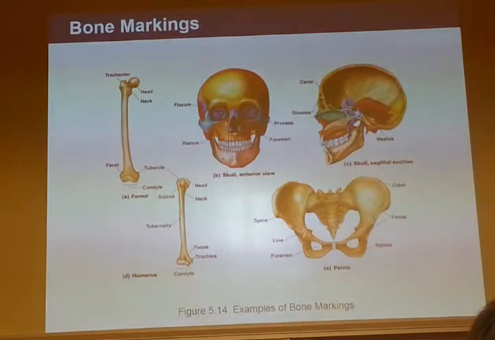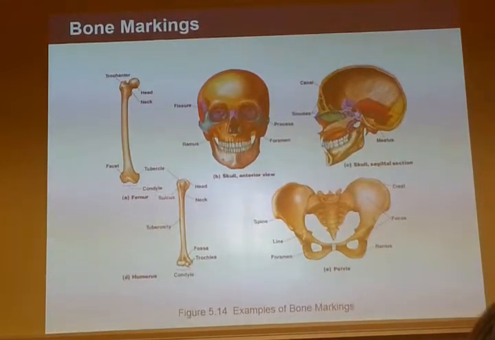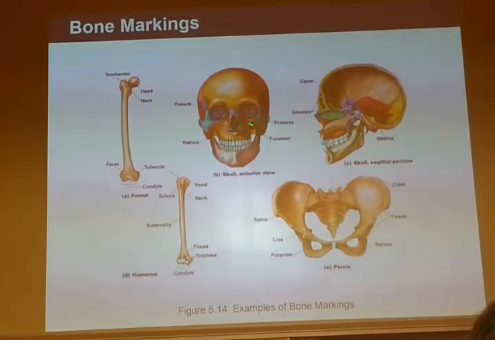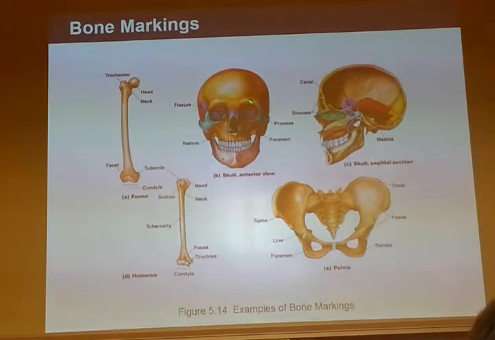Some things go through the connective tissue, but after the connective tissue is removed, then you've got a foramen. We've got small little foramen below the eyes and above the eye. Foramen can be any size, as big as a foramen magnum or as small as just barely getting a broom straw through.